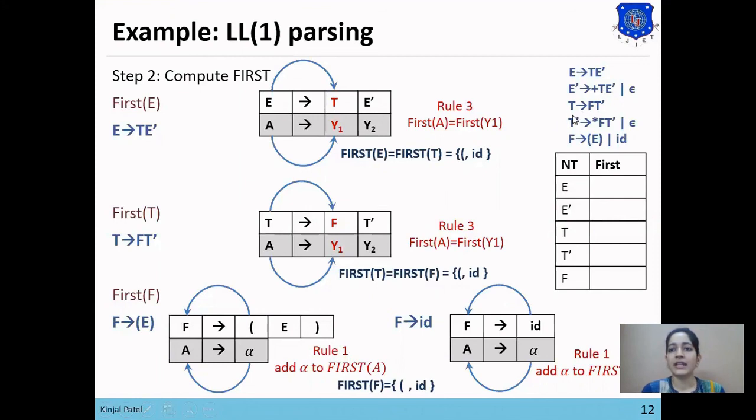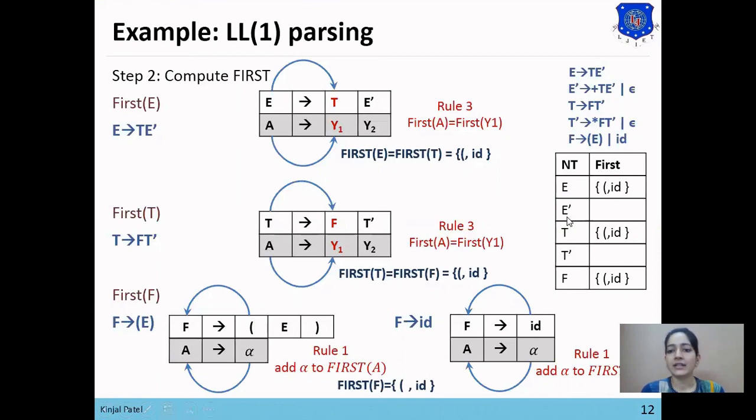As T does not produce null, we need not check first of E dash. Same, we check for F: does F produce null? As F does not produce null, no further non-terminals will be added into first of T. So here we also maintain the table of first. As you can see, first of E, T and F has been found.